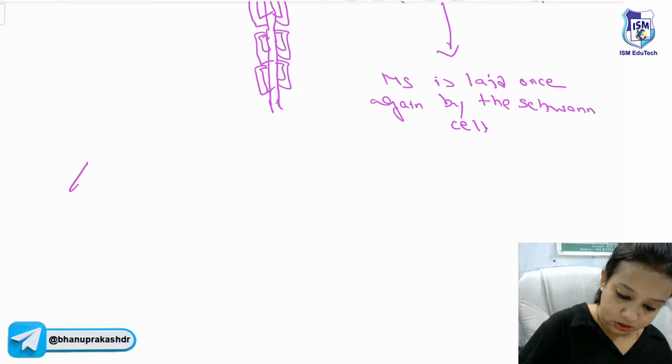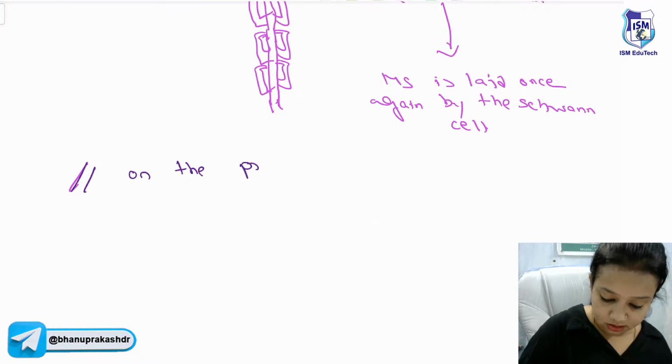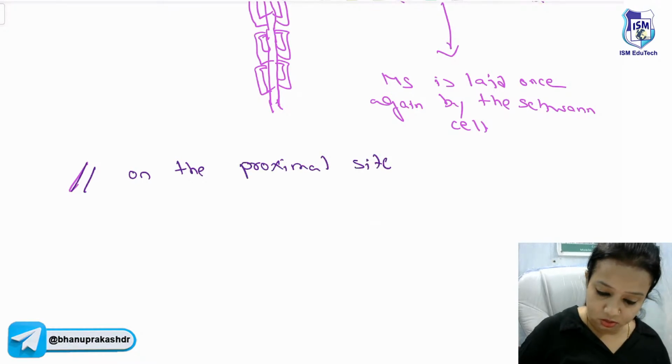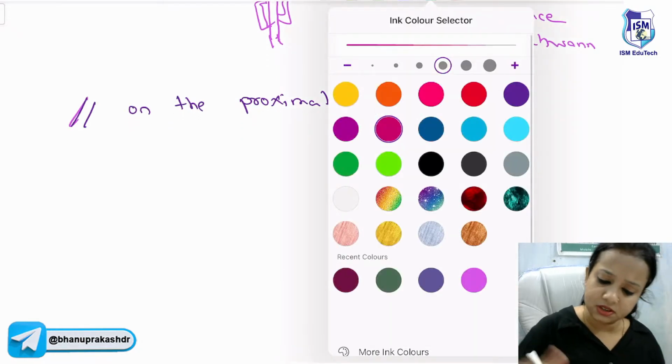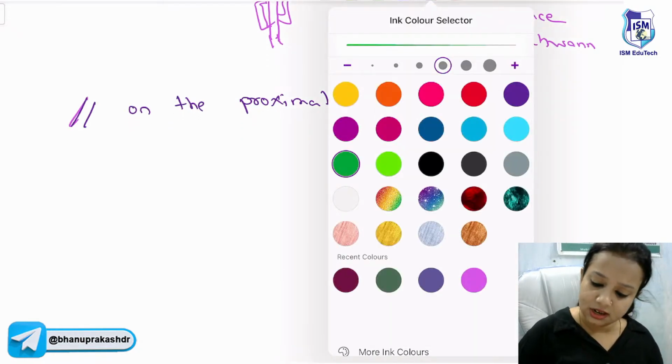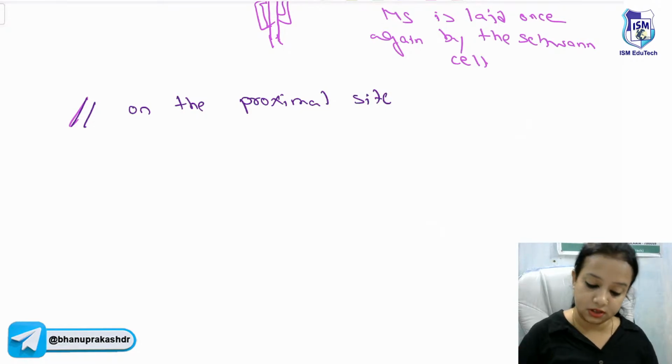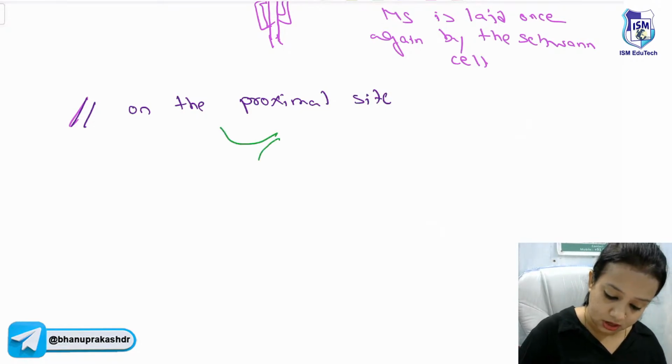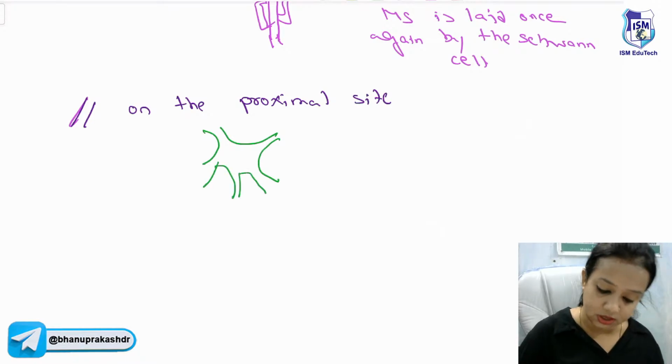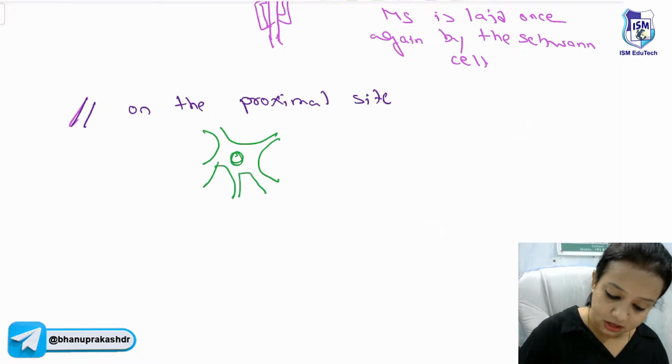Now, on the proximal side, what happens? Pretty much the same thing happens. Again, the laying of the cell body of the neuron happens. Now, the cell body of the neuron assumes the normal shape and the nucleus comes to the center.